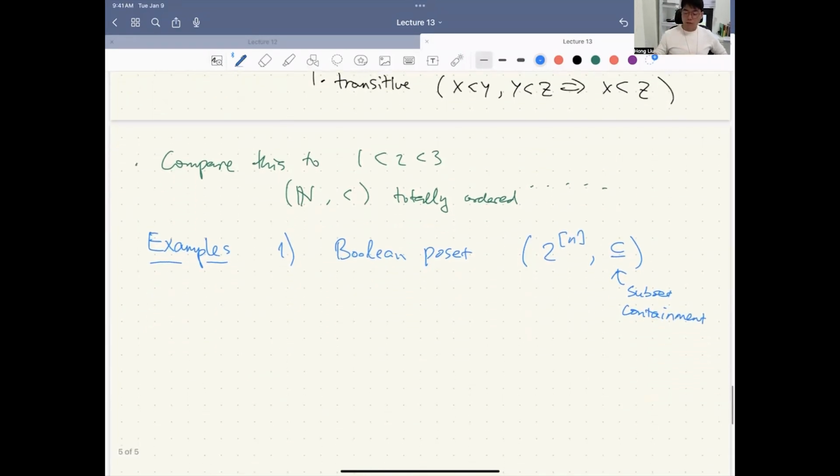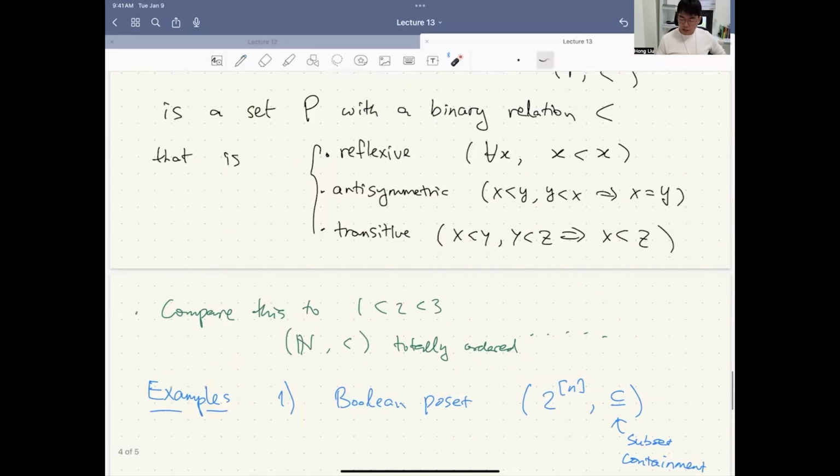This is the Boolean poset. Let's quickly check. A set is a subset of itself, reflexive. If A is a subset of B and B is also a subset of A, then A and B must be the same set, obvious. Transitivity: A is a subset of B, B is a subset of C, then A is a subset of C, obvious.